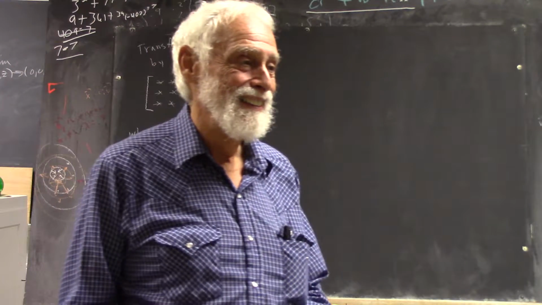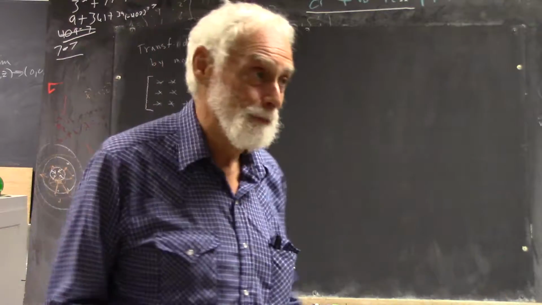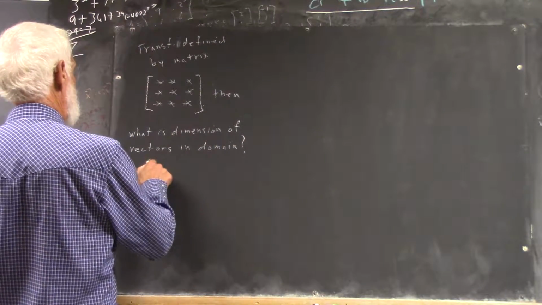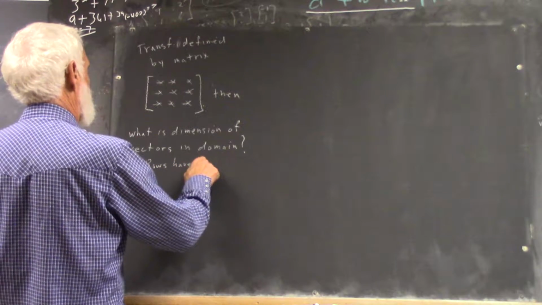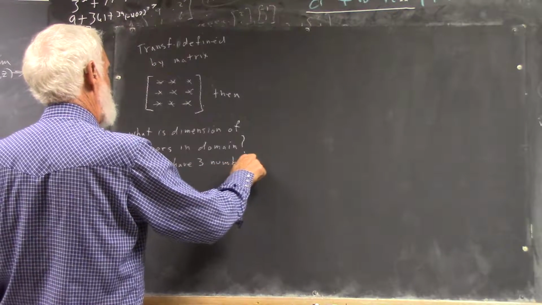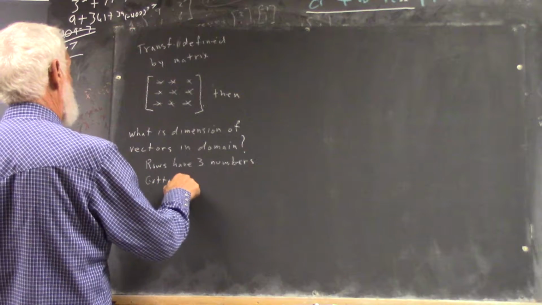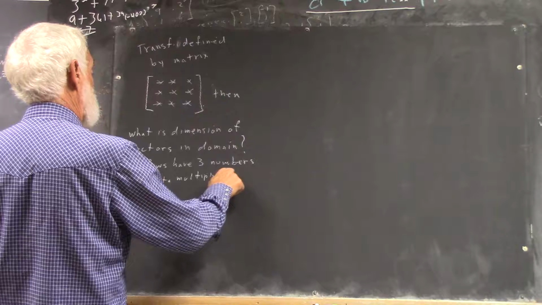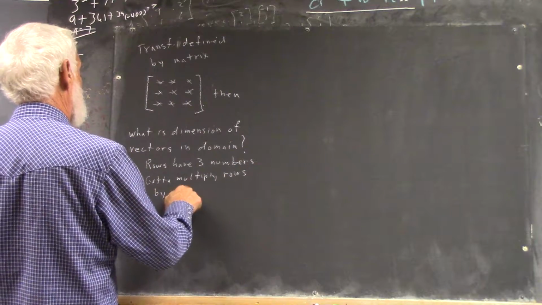A column vector of 3? Yeah, it's got to be a column with three. Yeah, it's got to be a three-dimensional column vector. Okay, well. Rows have three numbers. You got to multiply rows by columns.